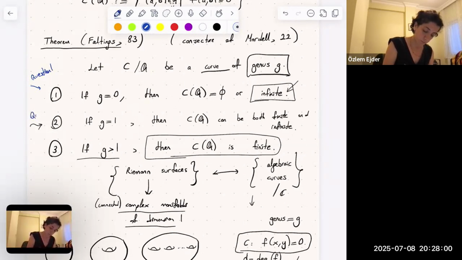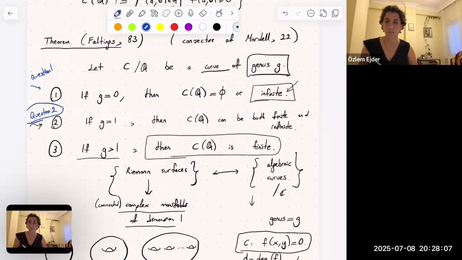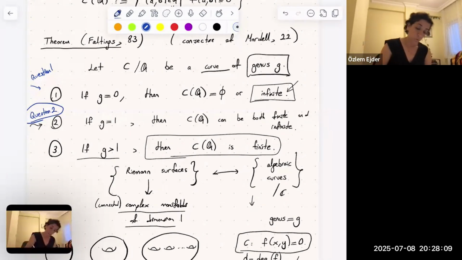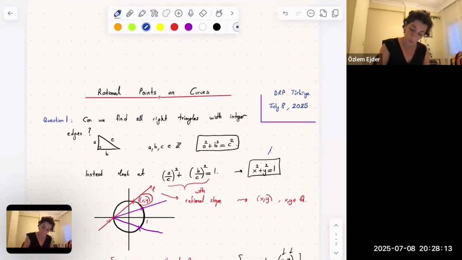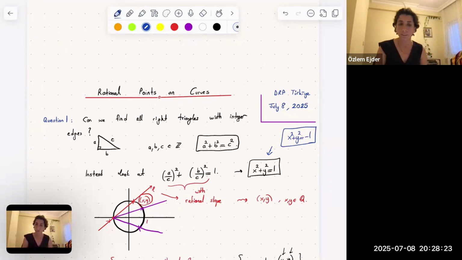And the second one is a genus 1 case. So for instance, here, instead of looking at the equation x squared plus y squared equals 1, if you looked at x squared plus y squared equals -1, then you wouldn't be able to find any rational solutions. And in that case, it would be the empty set, instead of just being infinite.